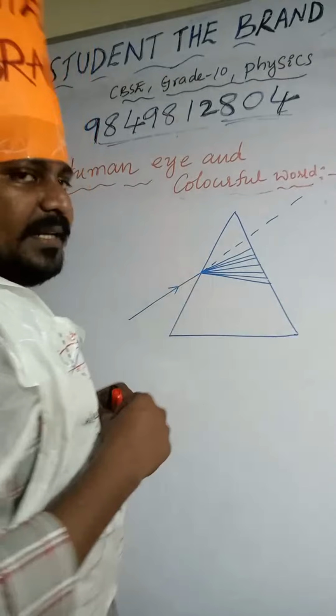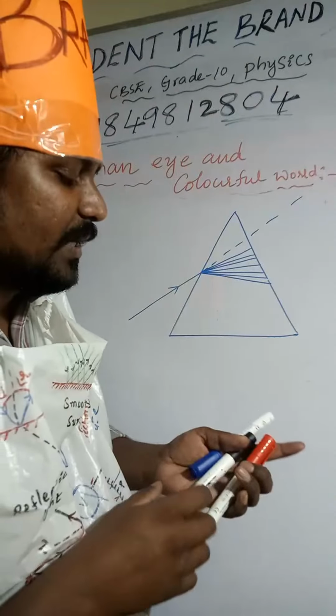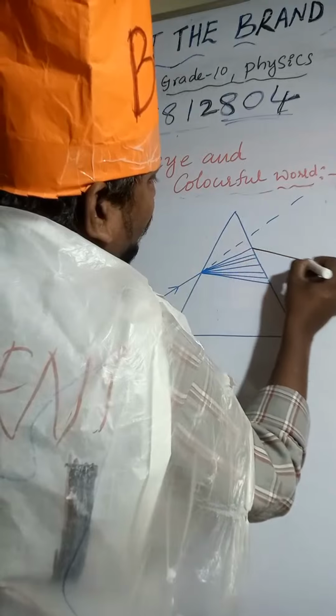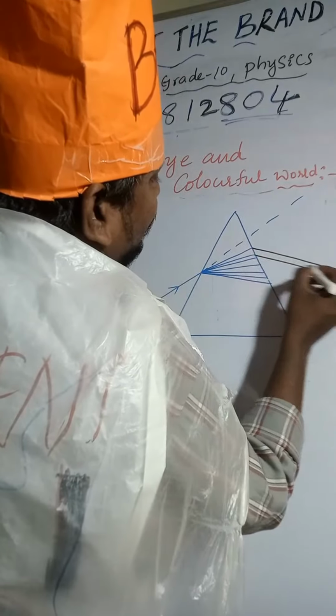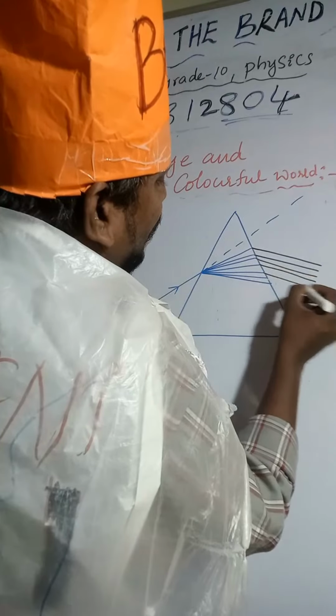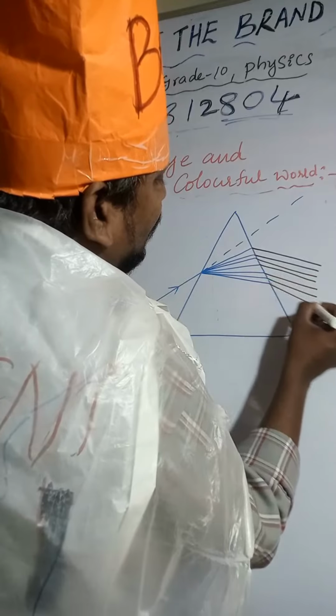The splitting of white light into its constituent colors is known as dispersion. Those colors form like a band on the screen, which is called the spectrum.